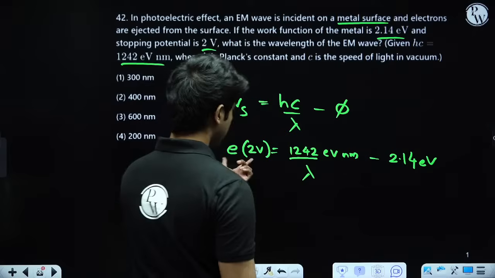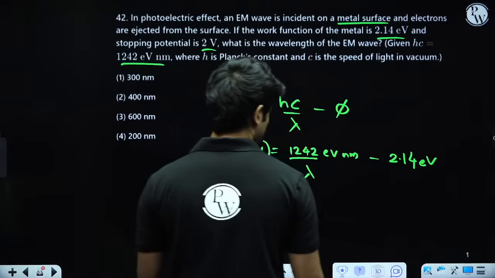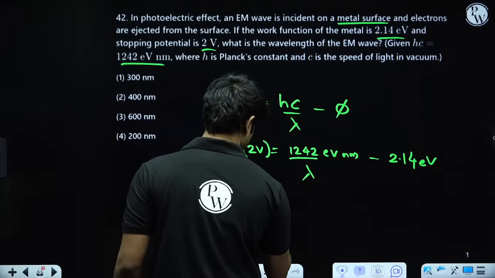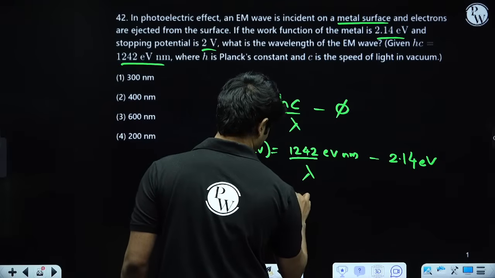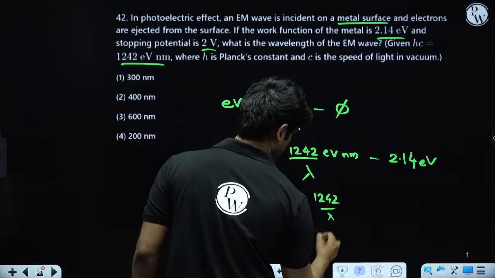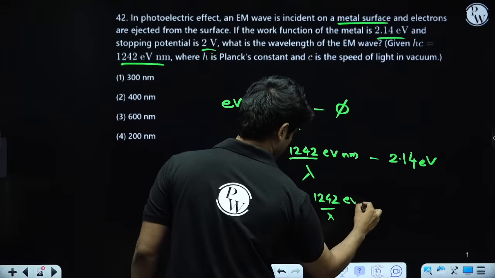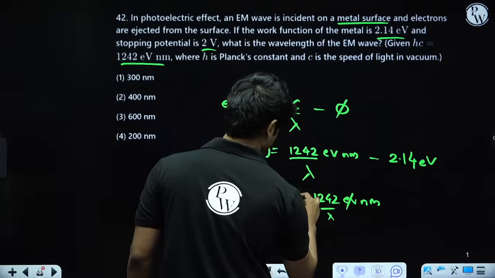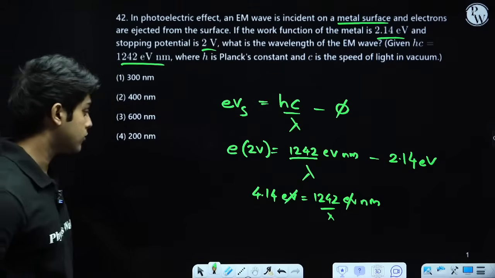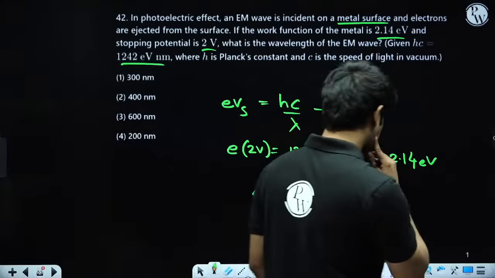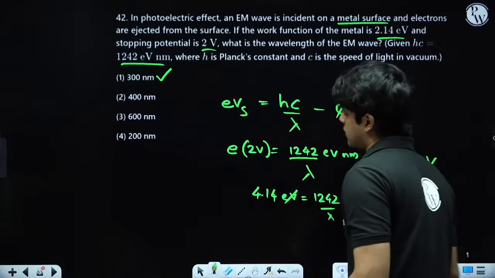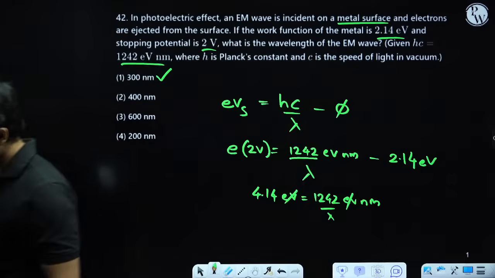Okay, so 2 electron volt plus 2.14 is 4.14 electron volts. This is 1242 by lambda electron volt nanometer. So lambda will be 1242 divided by 4.14. That will be 300, I guess, 300 nanometers. Okay. So this is a formula based problem.